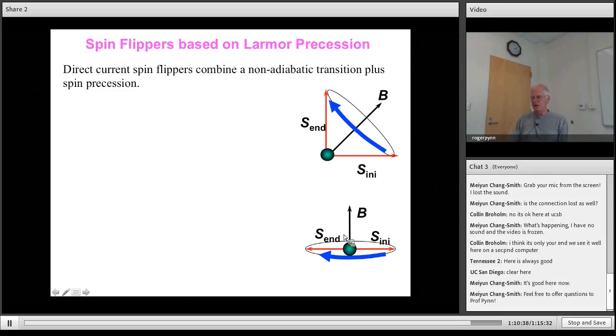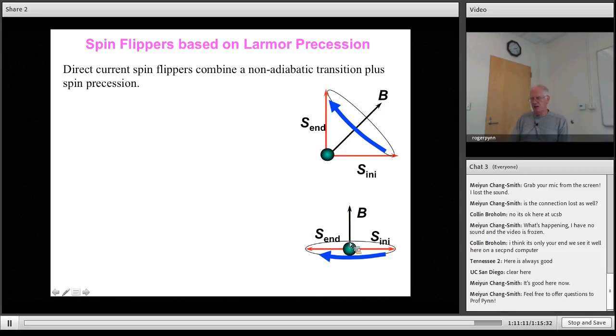So you can see that if you had a neutron spin which is horizontal here, so this means S initial, and if you suddenly managed to apply a field in this direction, what would happen is that the spin would precess around this B field, and if you managed to take the field off when the spin got to this point, then you would have rotated it through 90 degrees. So that would be called actually a pi/2 flip.